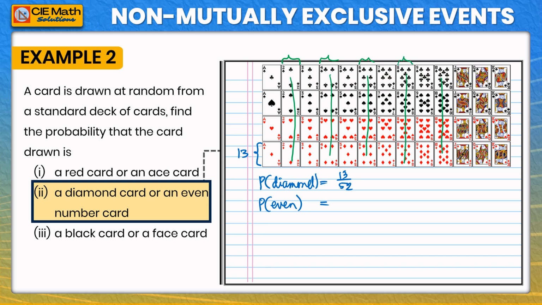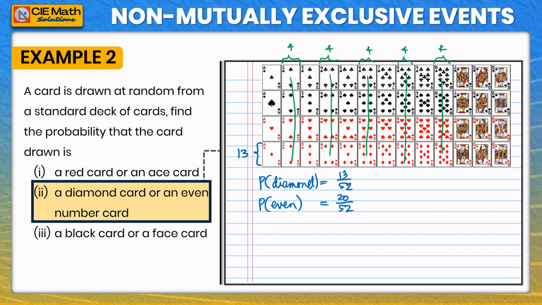So we have, there you go. There are 4 number 2s, 4 4s, 4 6s, 4 8s, and 4 10s. So all in all, there will be 20 out of 52.